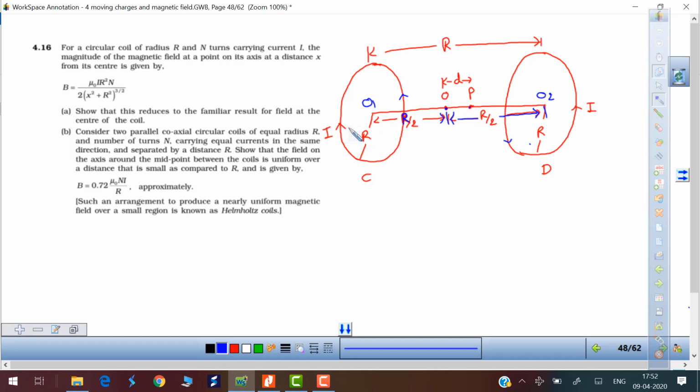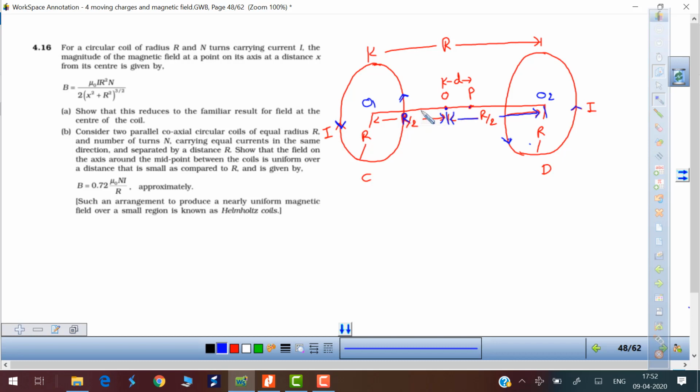Same direction. Oh sorry, same direction here, I made a mistake, yes, same direction. Okay, so because of the same direction, the magnetic field at point P is also in the same direction.